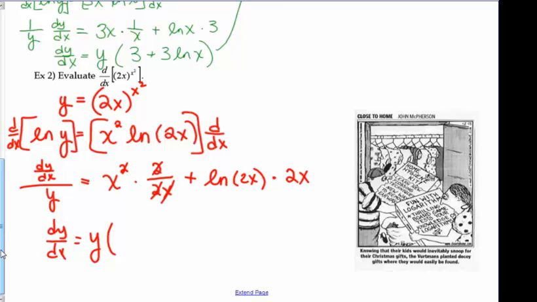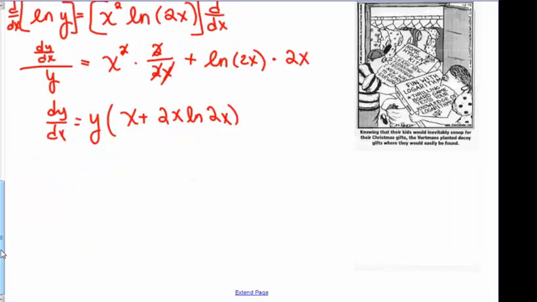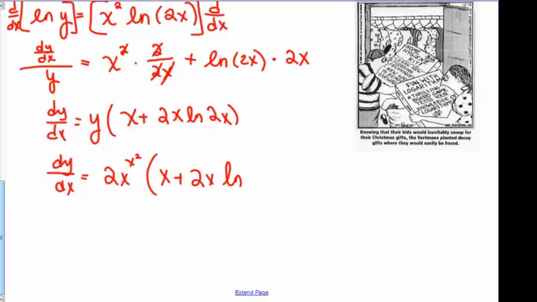So this is really just x plus 2x ln 2x, which, long story short, becomes dy dx equals, what was y? 2x to the x squared times x plus 2x ln 2x.